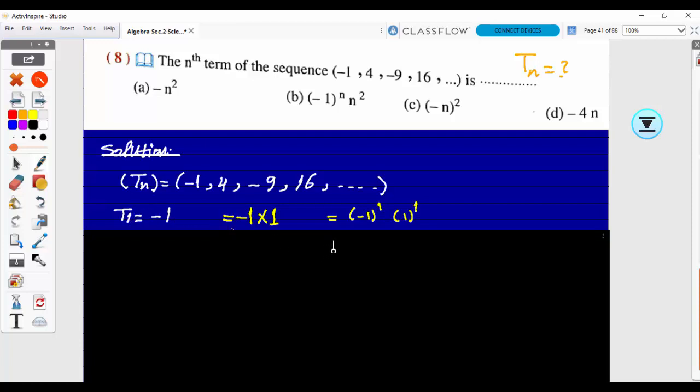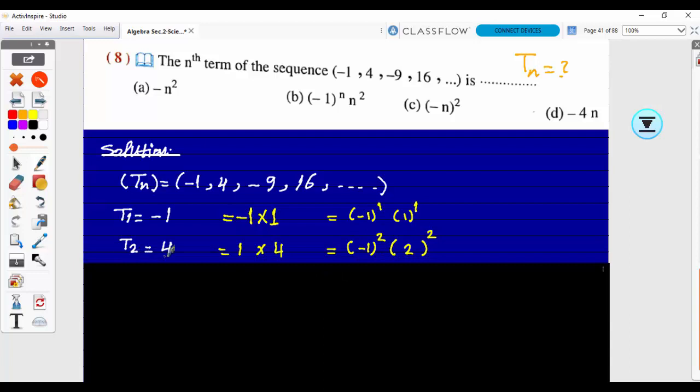Here I'll try to get the relation between the order and the value of the term itself. So T2 equals 4. What is the value of 4? It is 1 multiply 4, and 1 equals negative 1 power 2. What is the value of 2? It is 2 power 2.